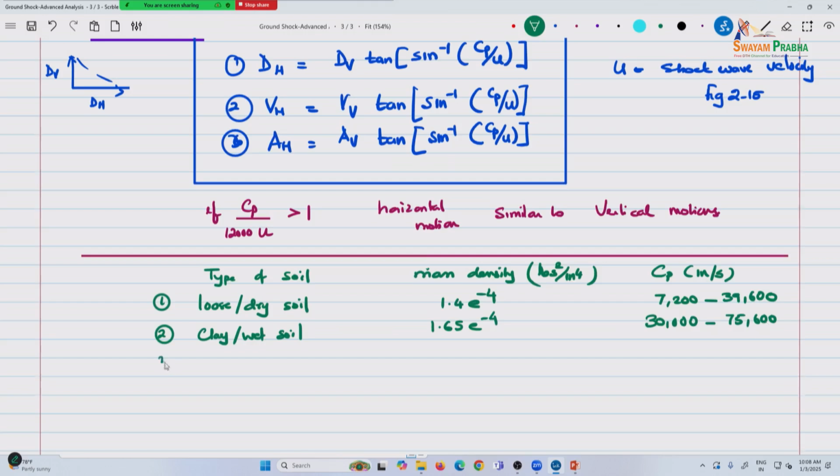Then you are getting into harder soils such as limestone, where the density is 2.25 e minus 4, and I'm picking some extremes here to illustrate the variability.